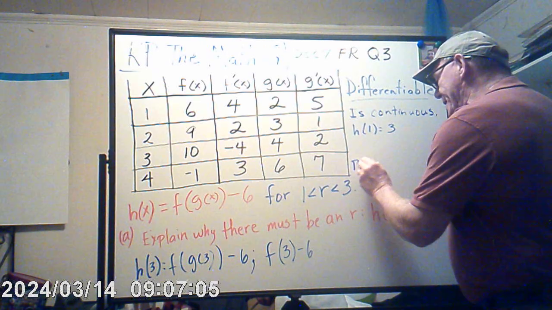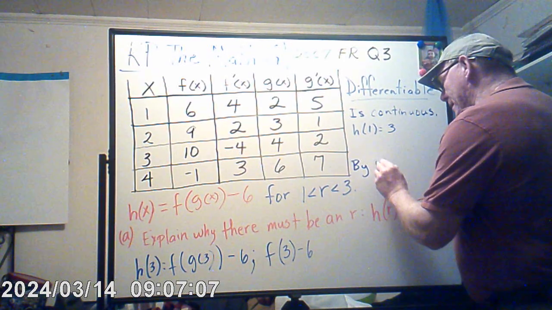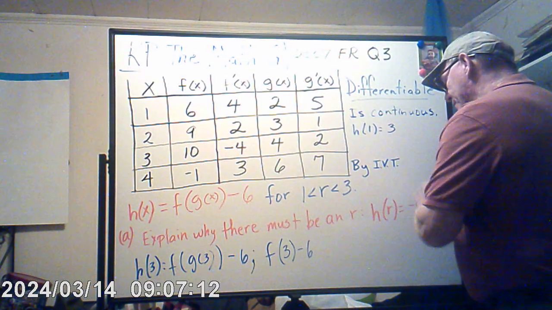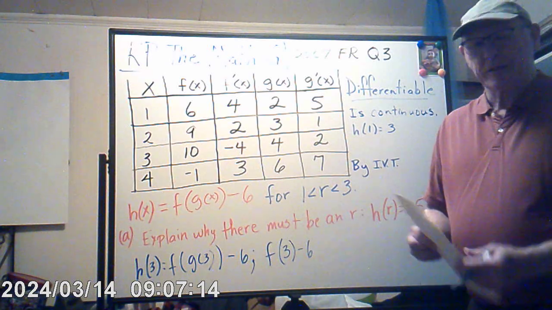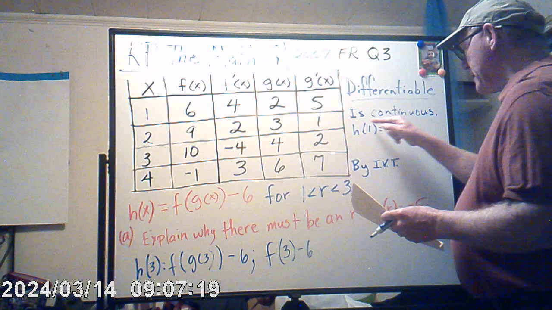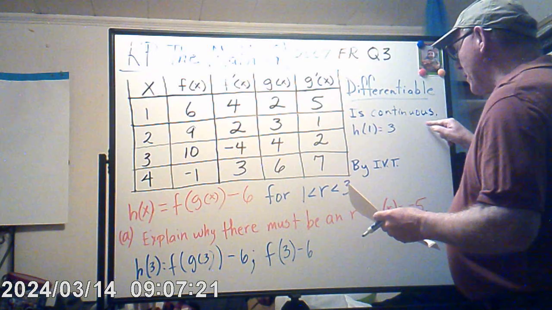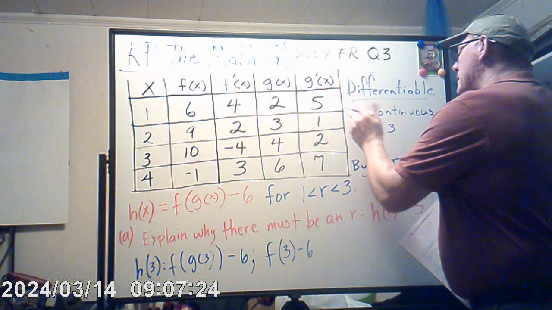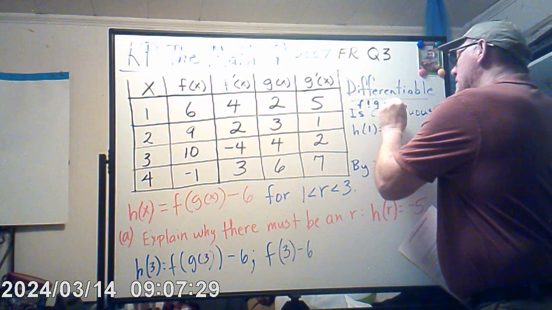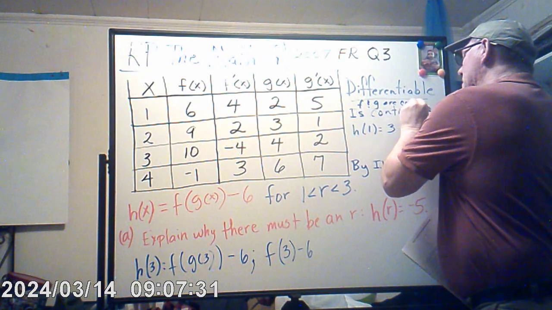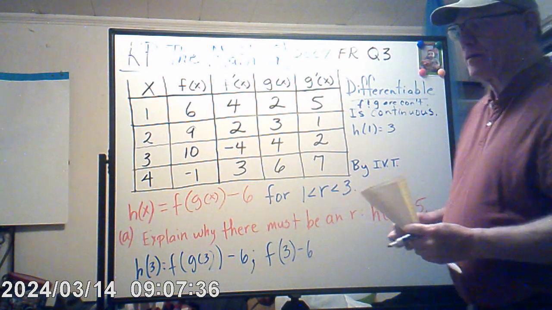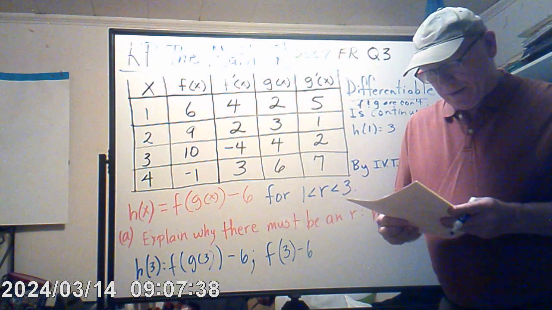We want to say something toward the end that by the intermediate value theorem, this is true, because f and g are continuous, because it's differentiable, that's what that implies.